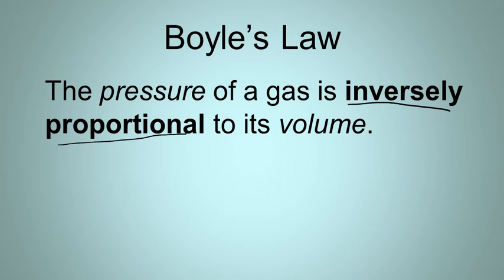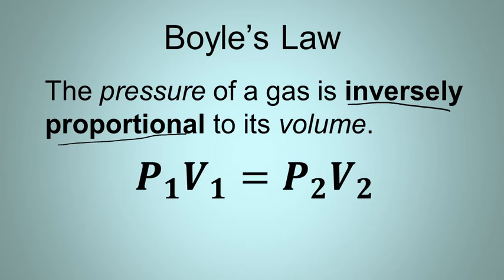And so, since this is a scientific law, you might recall from earlier in the course we said that laws just state what happened. They don't try to explain why, but they usually do have some kind of a mathematical equation associated with them. So here's the equation that goes along with that. P1 V1 equals P2 V2, where P1 is the initial or the starting pressure, V1 is the starting volume, and P2 would be the final pressure, and V2 is the final volume.